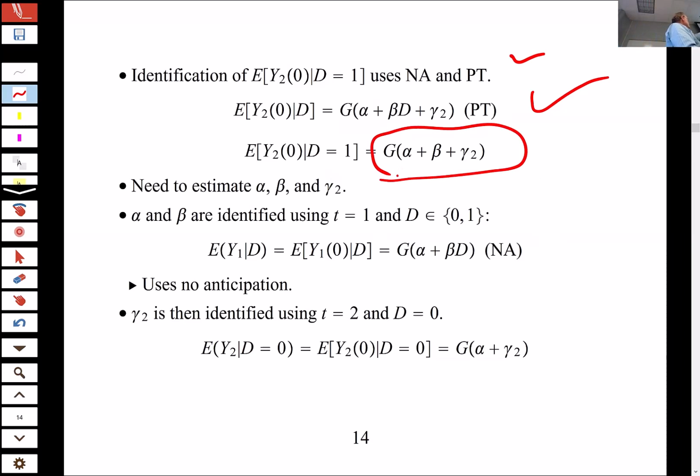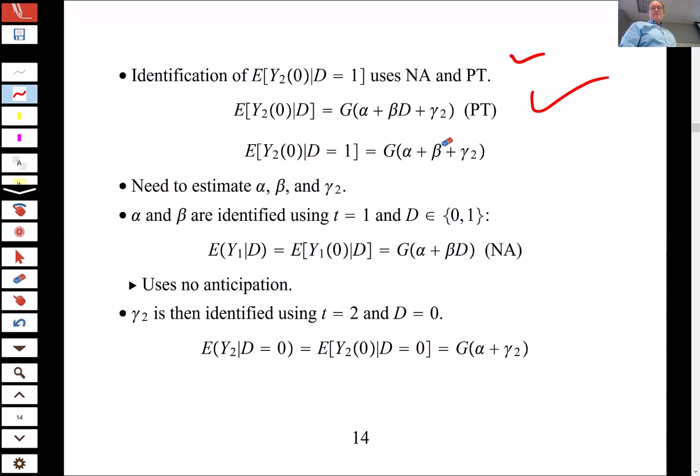Since we assume that G is known, we're able to estimate this mean as long as we can estimate alpha, beta, and gamma 2. Okay. The way to estimate alpha and beta, this is where the no anticipation assumption comes into play, because all we have to do is estimate, we basically have a difference in means problem, except that it's a nonlinear transformation of the means.